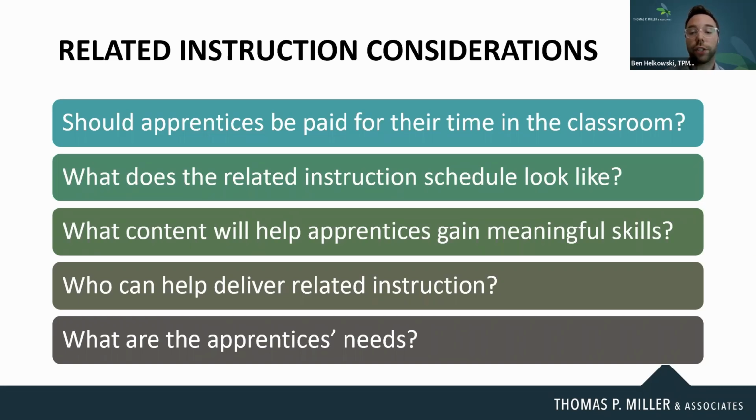Does age, language, technology, transportation, familial support, or education experience play a role in their needs? Well, this is not a comprehensive list. These are just a few of the considerations you might want to explore before figuring out your related instruction path.